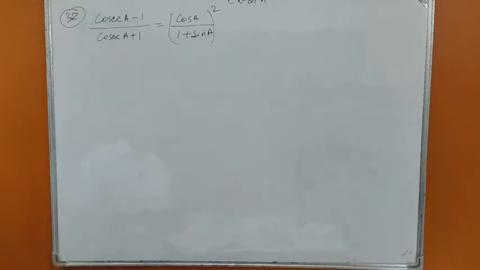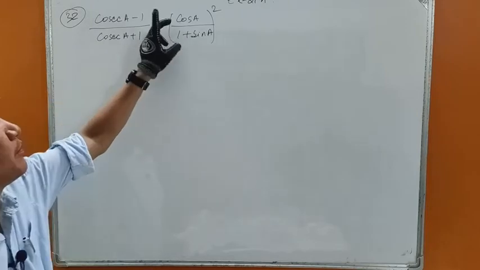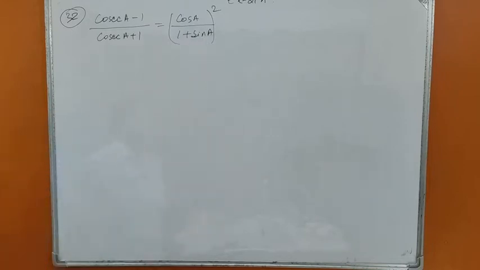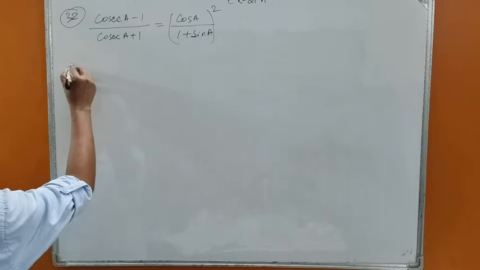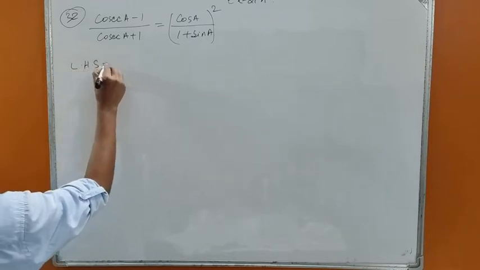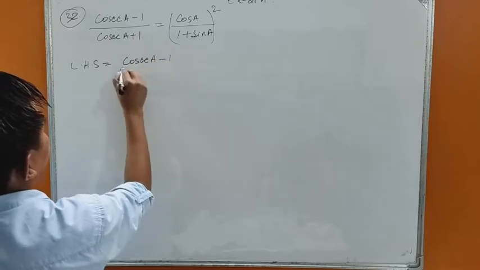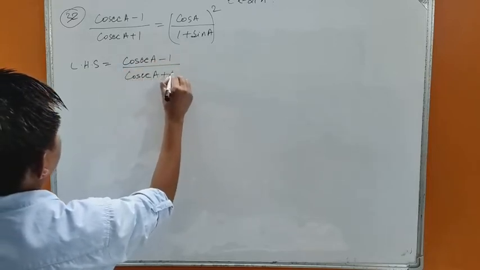Number 32, we have cosec A minus 1 upon cosec A plus 1 in the left hand side, and we have cosec A upon 1 plus sin A whole square in the right hand side, isn't it? So let's do this. Left hand side, LHS equals cosec A minus 1 upon cosec A plus 1, isn't it?